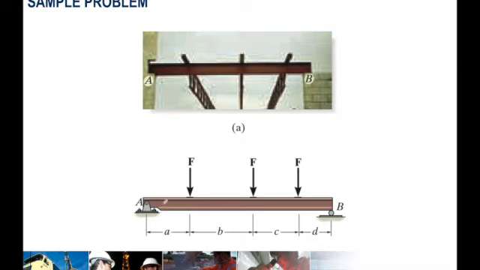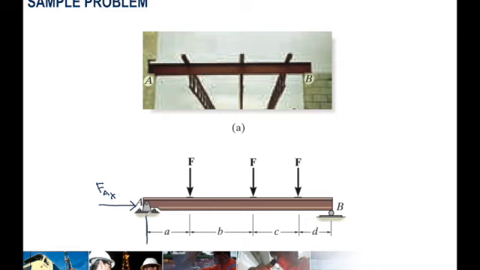Our beam cannot move along X, so that's why we can say that there is an external reaction. Let's call it FAX. And there is no movement along Y, so we will also have a reaction there.